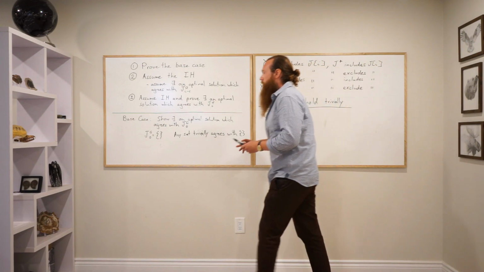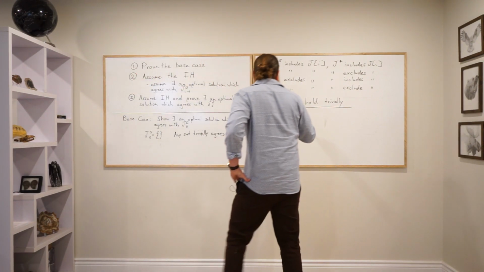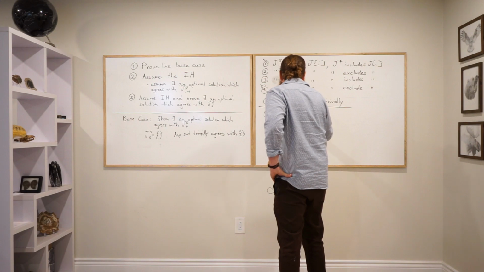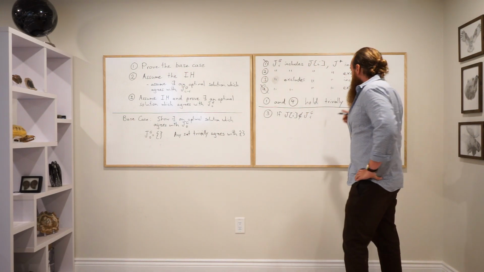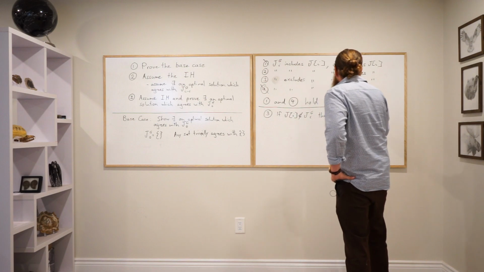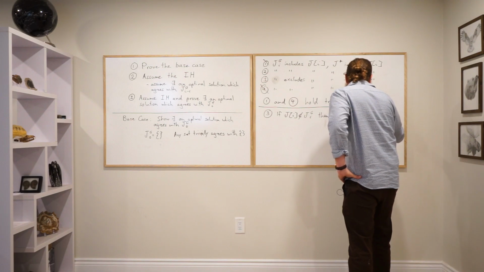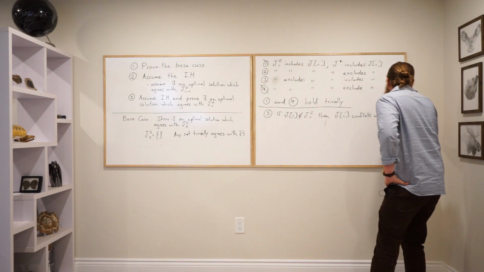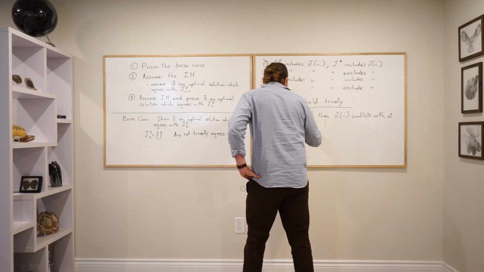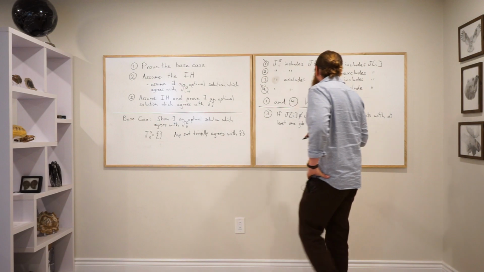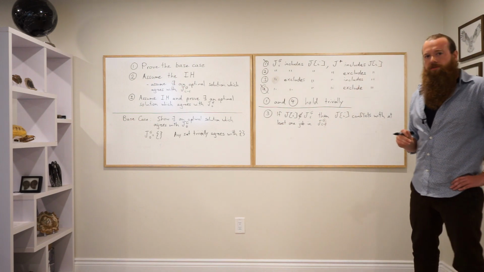I'll even write it out a little bit more formally here. If Ji is not an element of Jgi, then Ji conflicts with at least one job in our partial solution after i minus 1 choices.